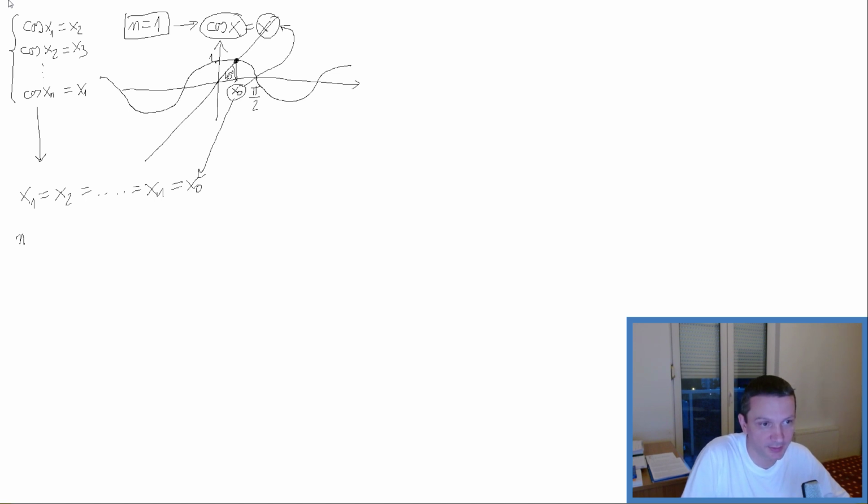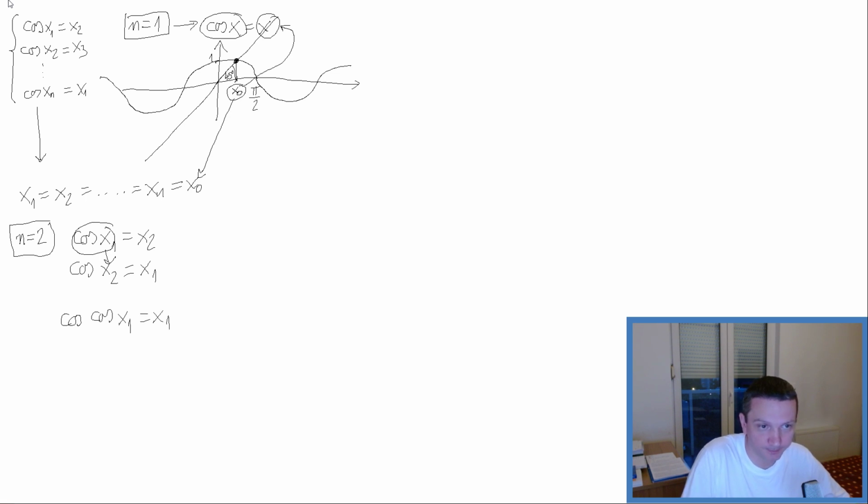Let us first show what happens if n is equal to 2. Then we have cosine of x1 equal to x2, and cosine of x2 is equal to x1. And if we substitute this here, we obtain that cosine of cosine of x1 is equal to x1.